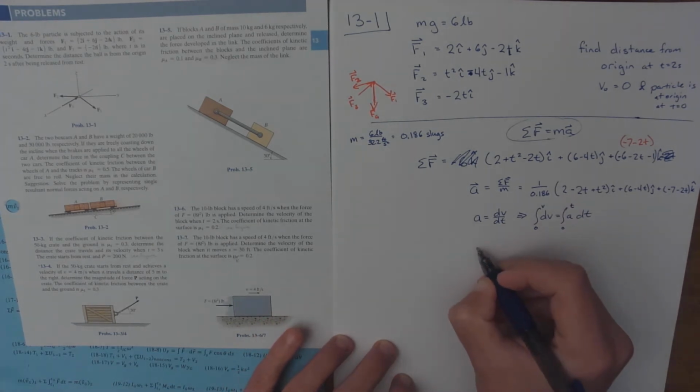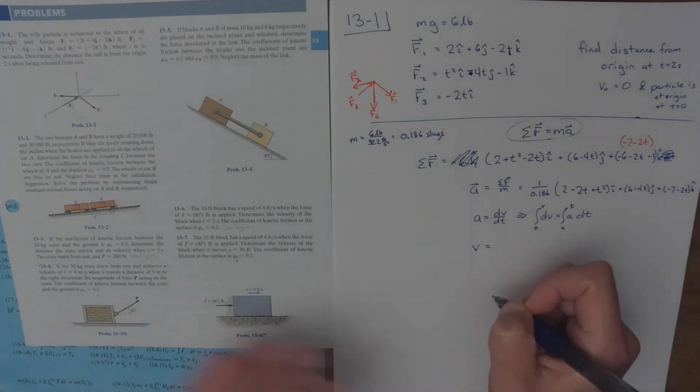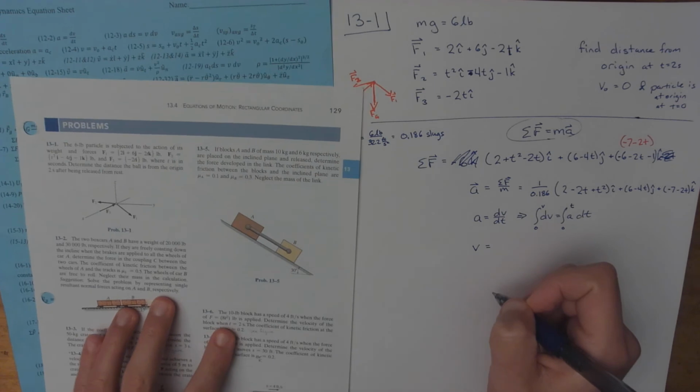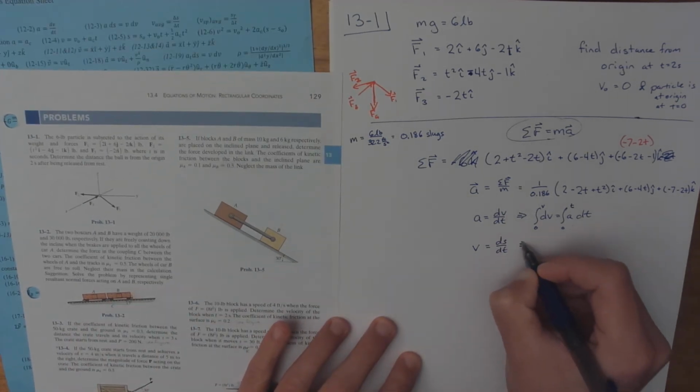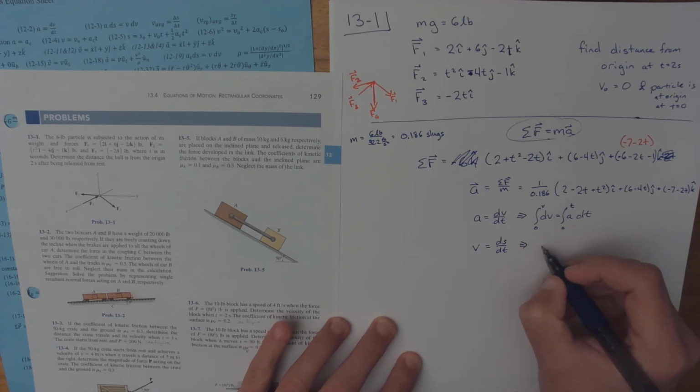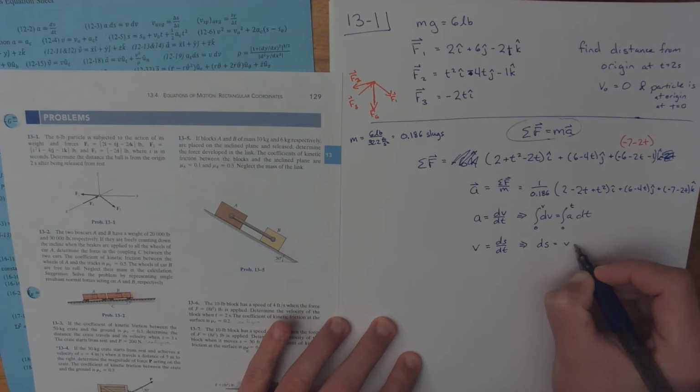And then we know v is equal to ds dt. And when we rearrange that, we get ds is equal to v dt.